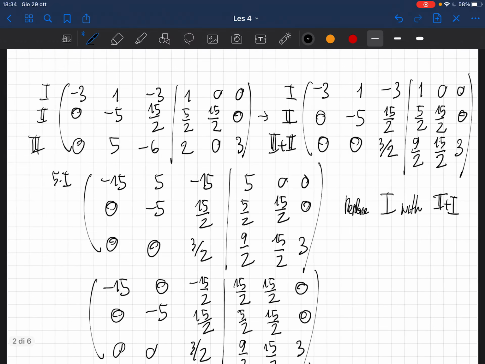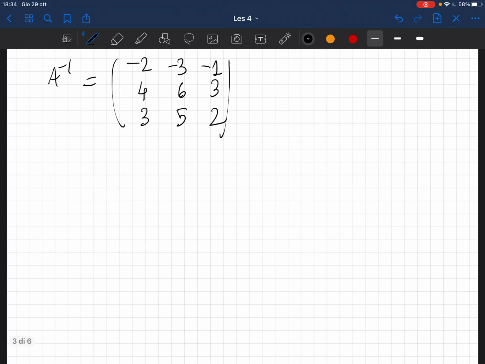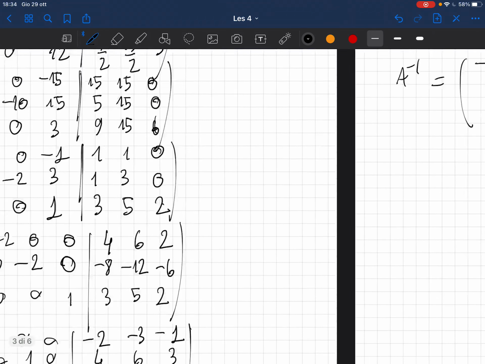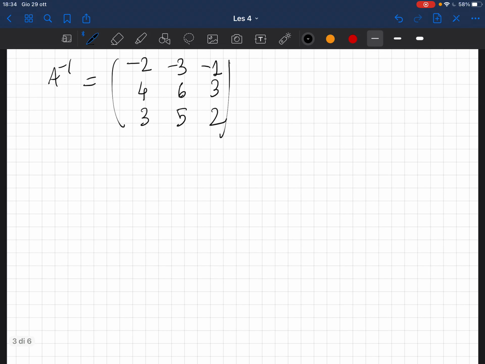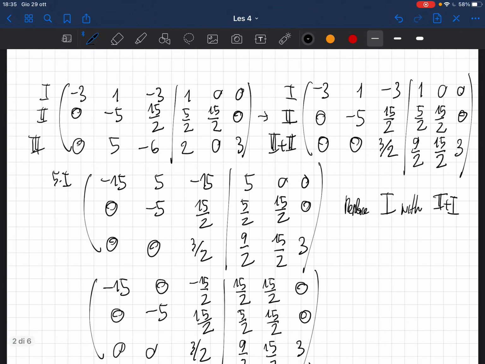Minus 2, minus 2, minus 1, 4, 6, 3. We also need to find the inverse of this other matrix, B_t, which is again 1, t, 1, 2.